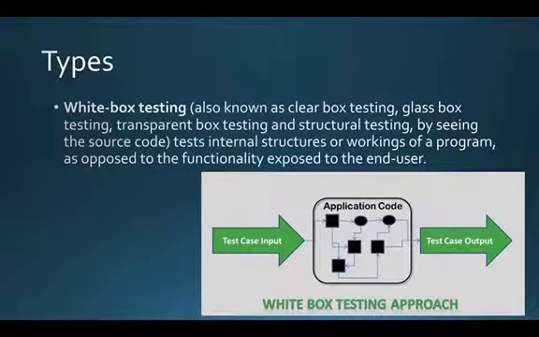There is white box testing, also known as clear box testing or glass box testing or transparent testing. For those of you that are familiar with JUnit testing, it's being able to look and make sure that the code is being instantiated at every branch, it's doing everything that it's supposed to do, and that you don't have any dead branches or code that's not being executed, those kinds of things.